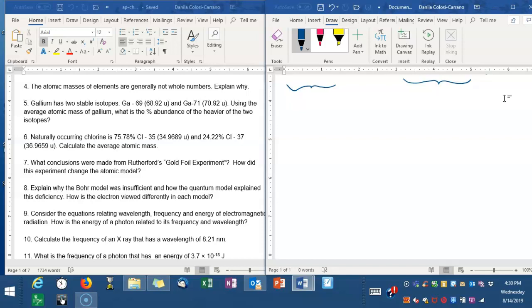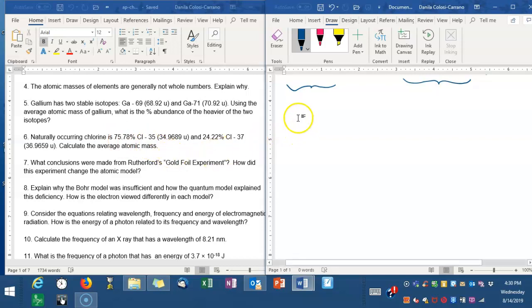Number 5. Gallium has two stable isotopes, gallium-69 with a mass of 68.92 and gallium-71 with a mass of 70.92 units. Using the average atomic mass of gallium, what is the percentage abundance of the heavier of those two isotopes?